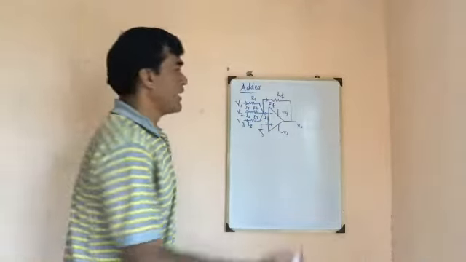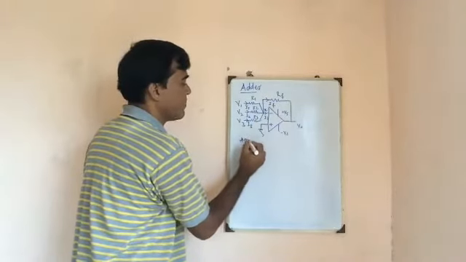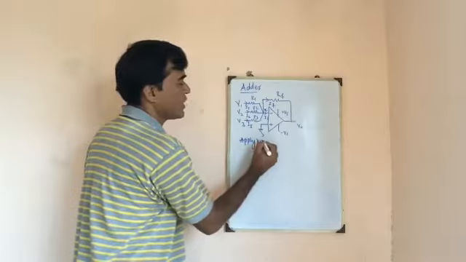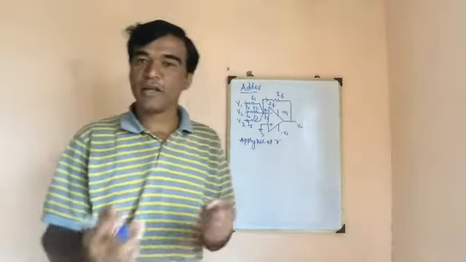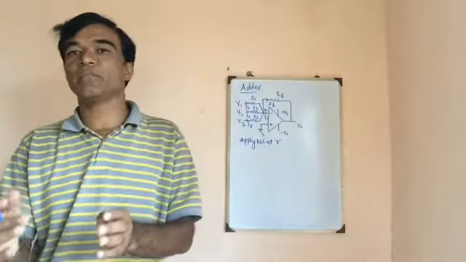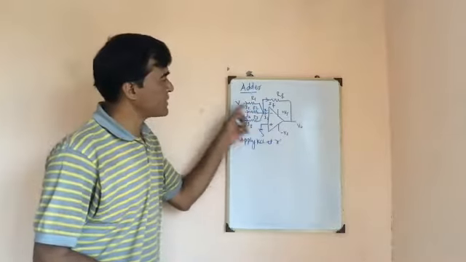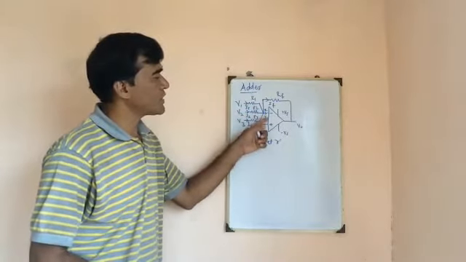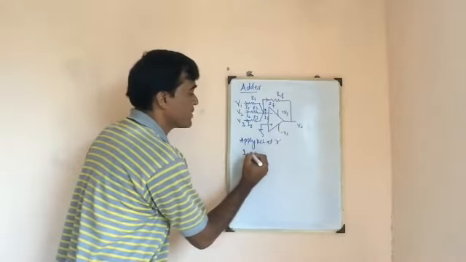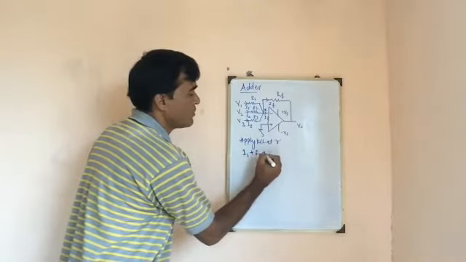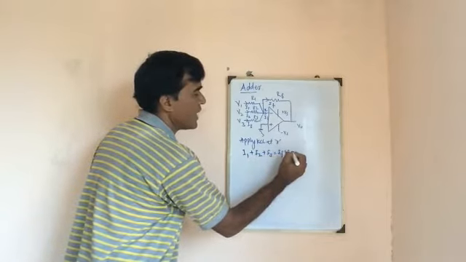Then apply Kirchhoff's current law at node X. What is Kirchhoff's current law? Incoming current at any node must be equal to the outgoing current. The incoming currents to node X are I1, I2, I3. Outgoing currents are II and IF. Therefore I1 plus I2 plus I3 must be equal to IF plus II.